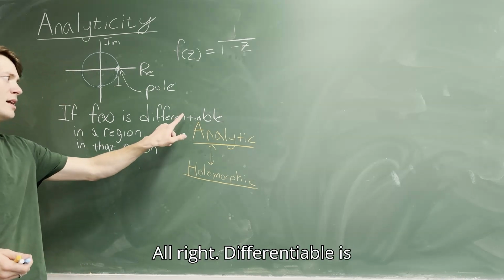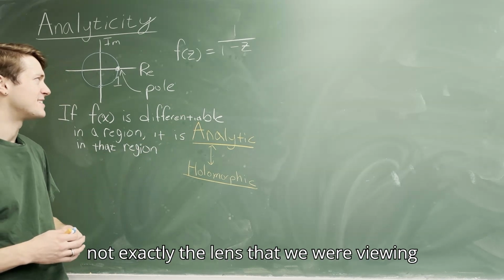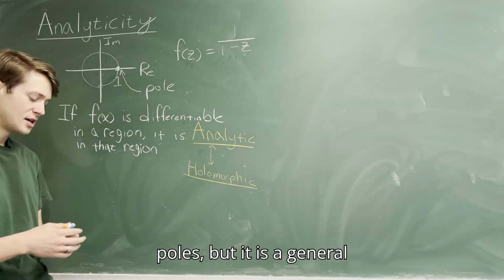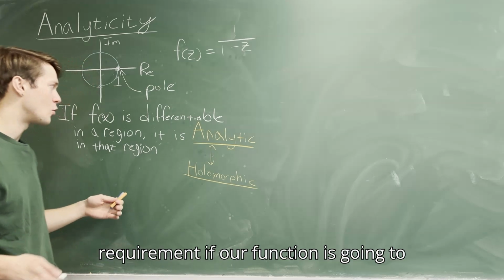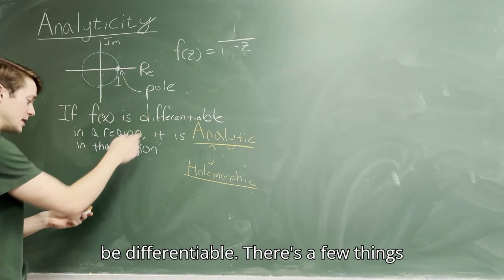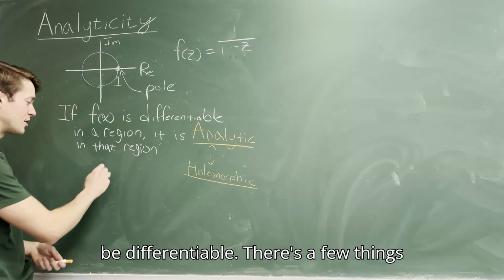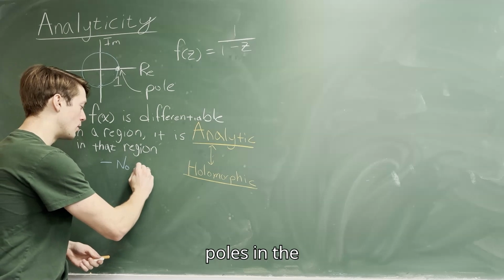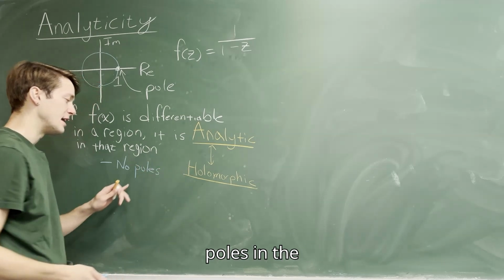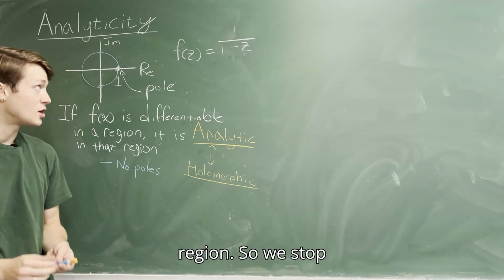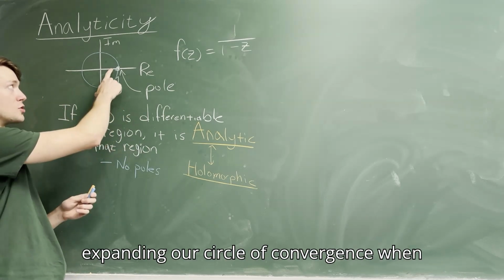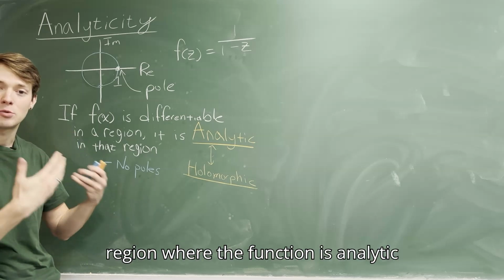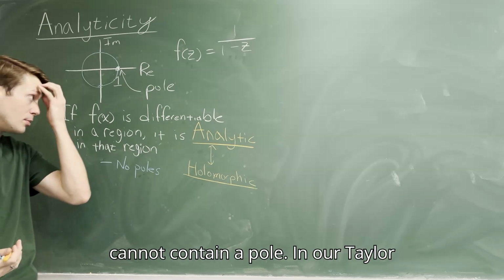All right. Differentiable is not exactly the lens that we were viewing this through. We were thinking more about poles, but it is a general requirement. If our function is going to be differentiable, there's a few things on our checklist that have to be met. The first one, as we said, is no poles in the region. So we stop expanding our circle of convergence when we hit a pole because our region, where the function is analytic, cannot contain a pole.